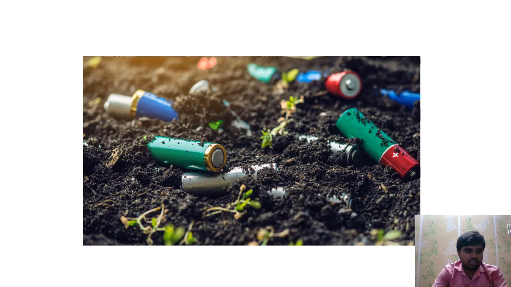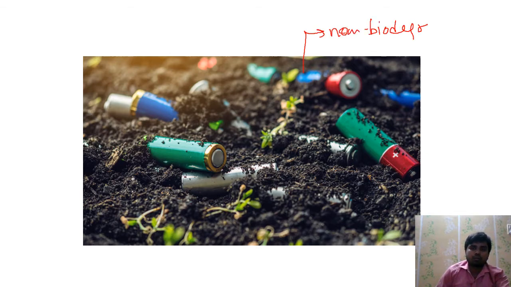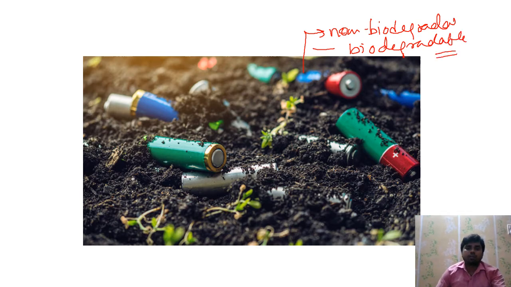when we throw waste material, waste can be both biodegradable and non-biodegradable. So there are two types of waste: non-biodegradable and biodegradable. What do you understand from non-biodegradable and biodegradable?